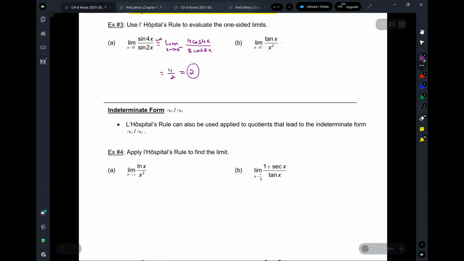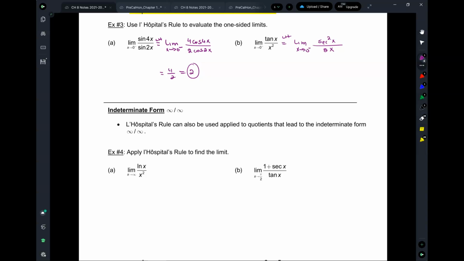All right, next. Tangent of 0 is 0, x squared is 0, so this is going to be another L'Hopital's rule. Okay, so secant squared x on top, 2x on the bottom. What's secant at 0?